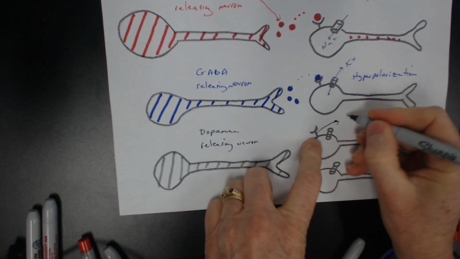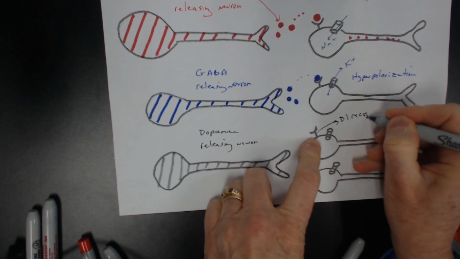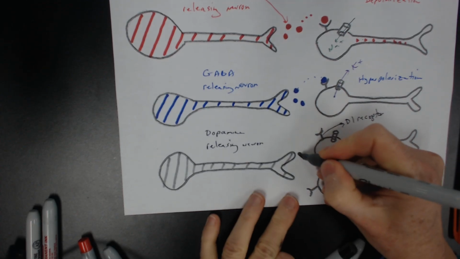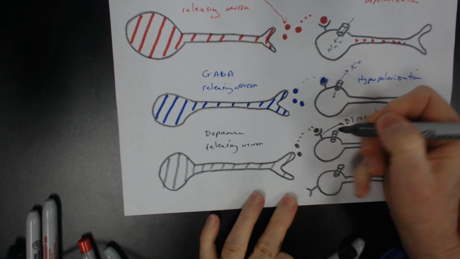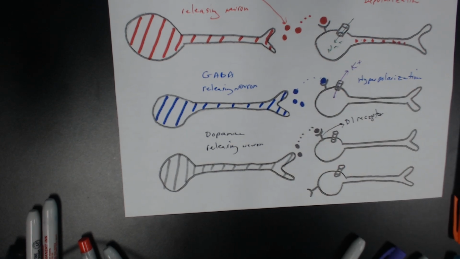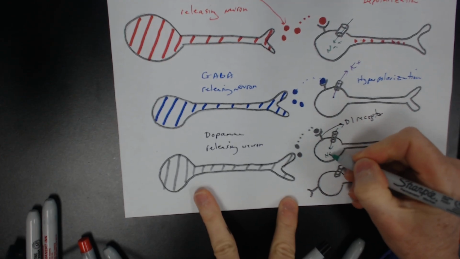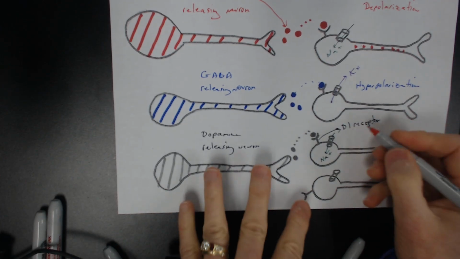If the postsynaptic neuron has a D1 receptor, and the dopamine binds to the D1 receptor, it is going to cause sodium to flood into the cell, which results in neuronal depolarization.